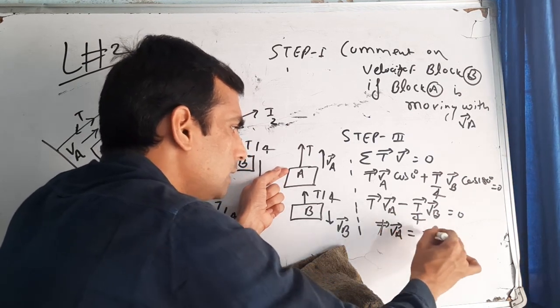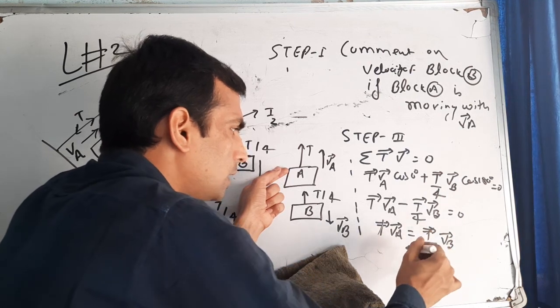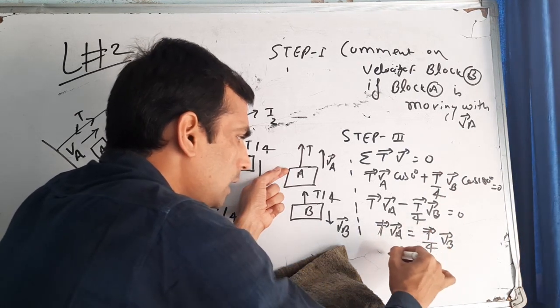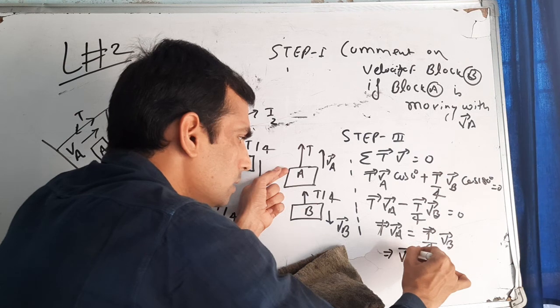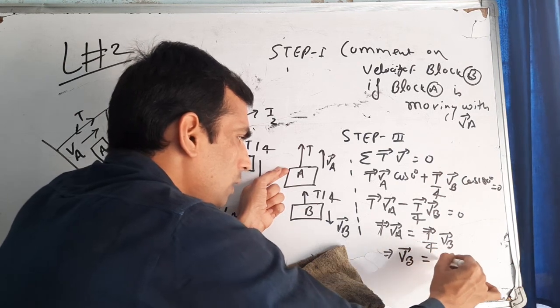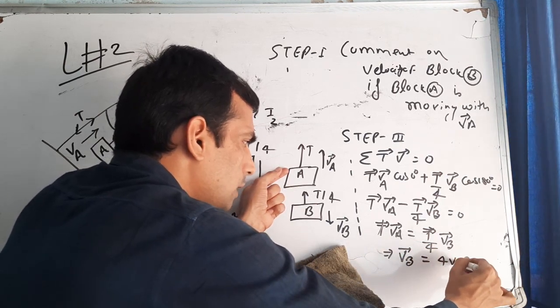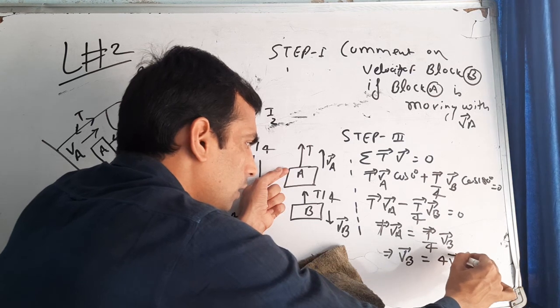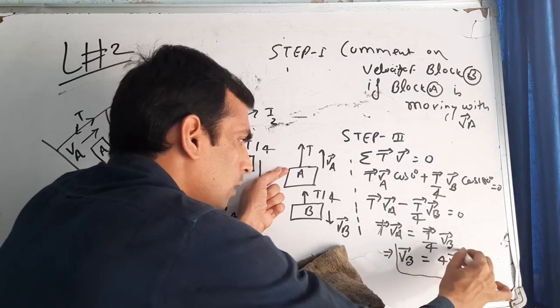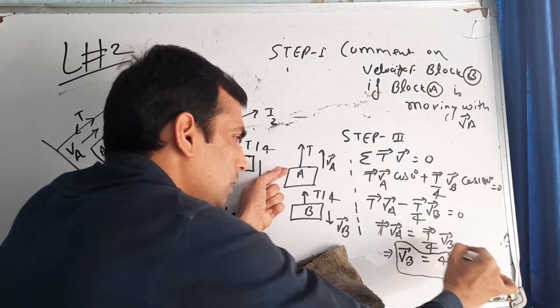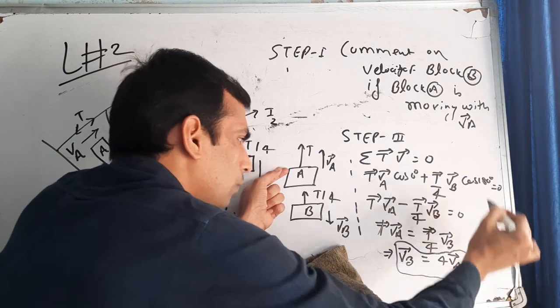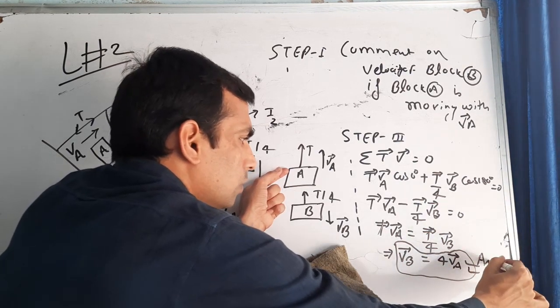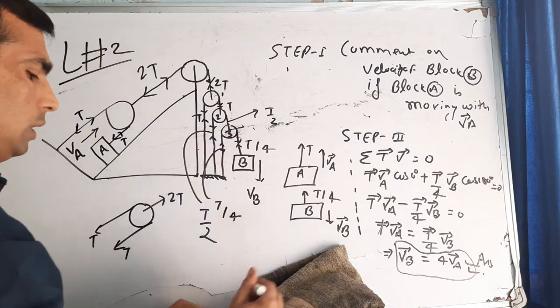T gets cancelled, so VB equals 4 times VA. This is the answer to this question.